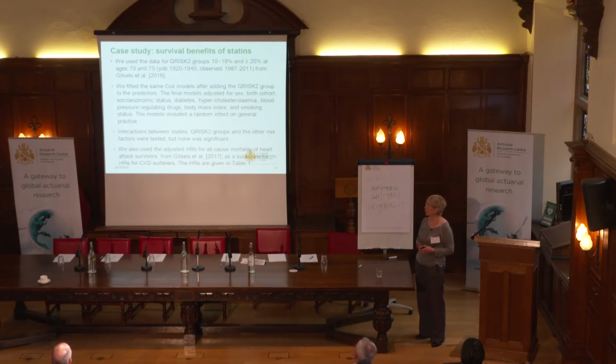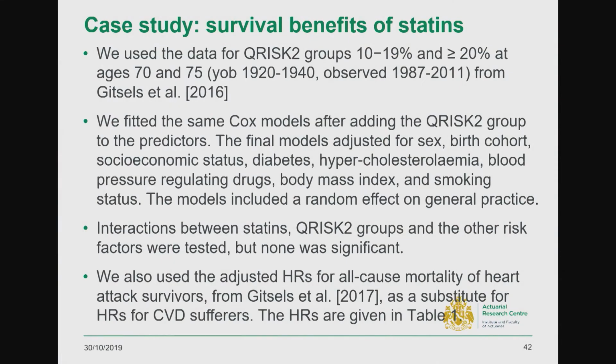Anyway, we are going to talk now about the statins. And we have actually done quite a bit on statins previously with my first PhD student and then postdoc Lisanne Gitsels. In particular, we published a paper in 2016. And in that paper, we looked at 4 cohorts of patients at ages 60, 65, 70, and 75.